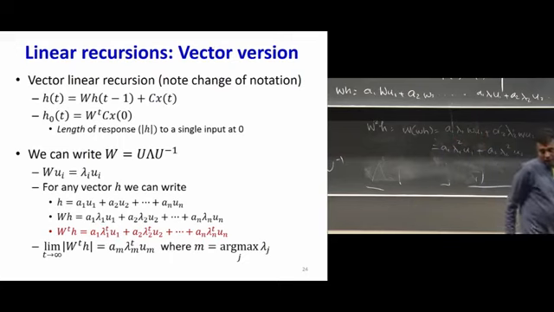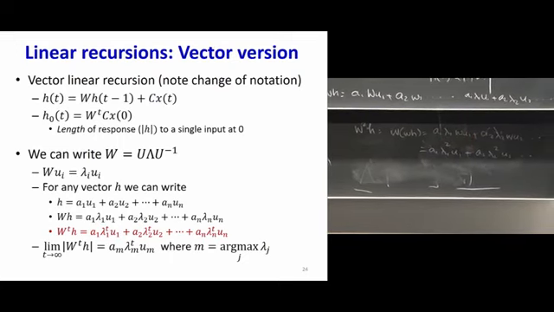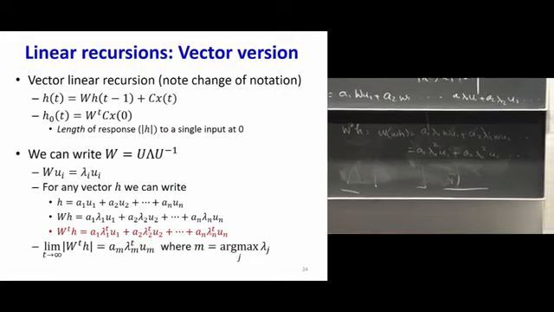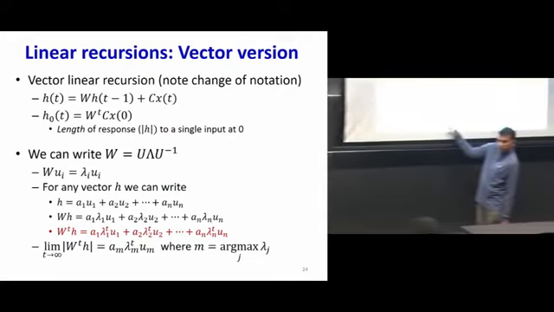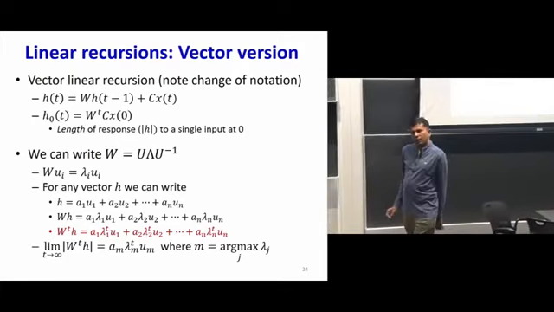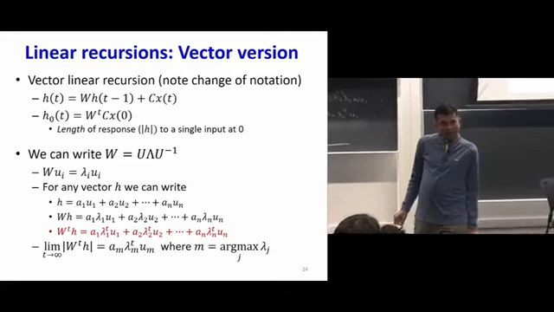So eventually, W raised to t times h is just a1 lambda 1 raised to t times u1 plus a2 lambda 2 raised to t times u2 and so on. What would happen if any of the eigenvalues were less than 1?